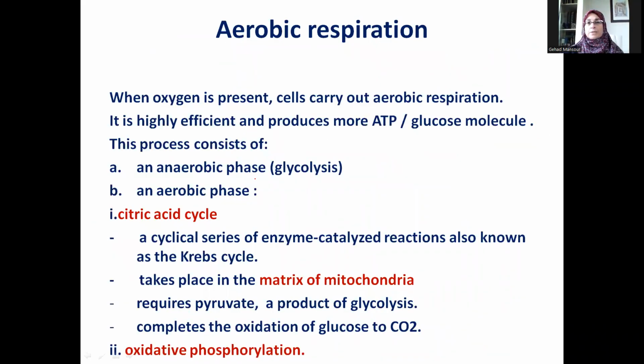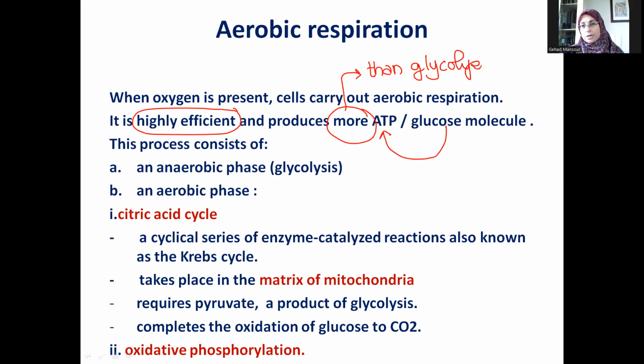We said, of course, that when oxygen is present, we are allowed to carry out aerobic respiration, and that aerobic respiration is highly efficient because per glucose molecule, it produces more ATP, more than what? More than glycolysis and more than anaerobic respiration in general.